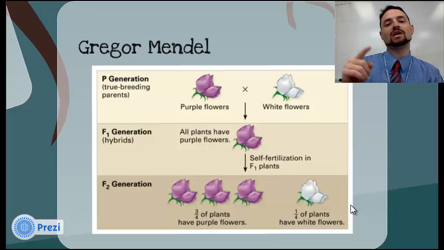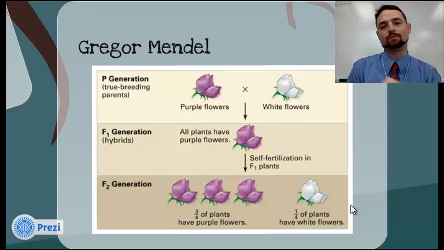These numbers continued to be repeated, so it gave credibility to this. This wasn't just a fluke chance: every time, 3/4 of them are purple, and 1/4 of them is white.